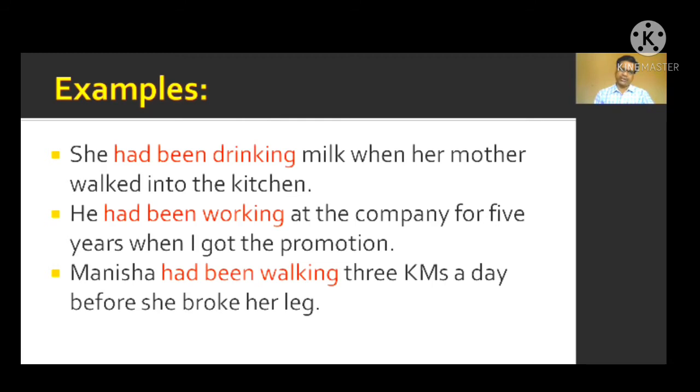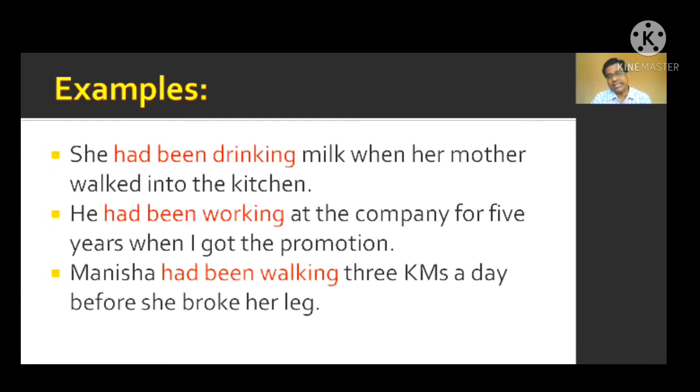So wherever you find words turned red, these are the verb phrases of these sentences. Had indicates past, been indicates perfect, and V1 plus ing indicates continuous. And this is how all these sentences are expressed in past perfect continuous tense.